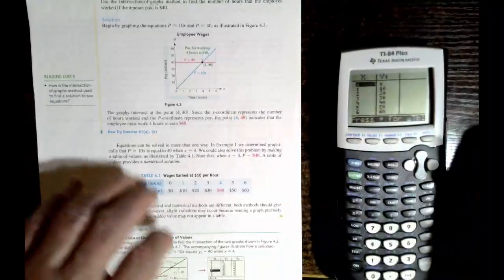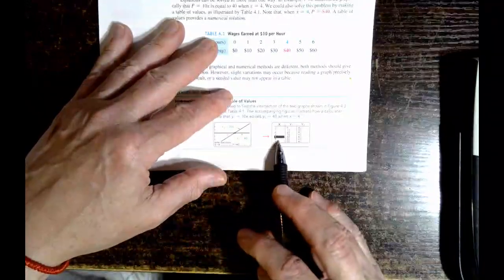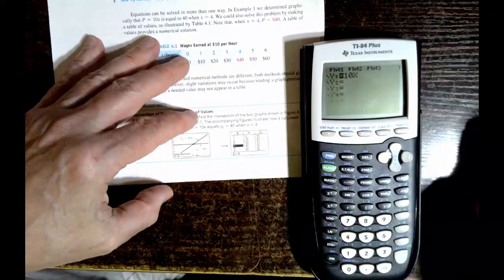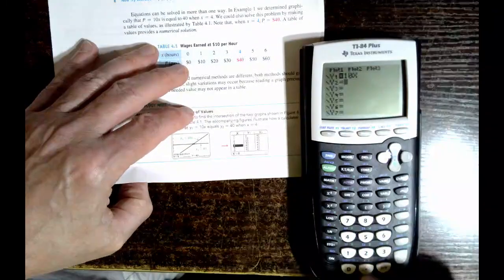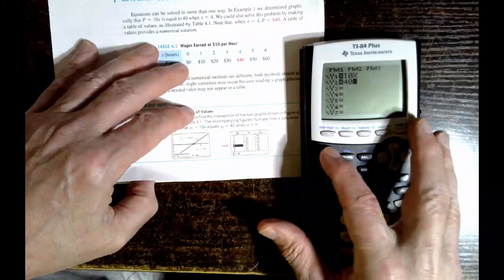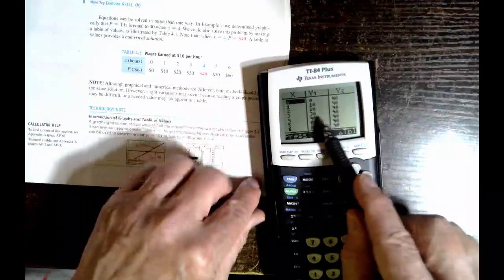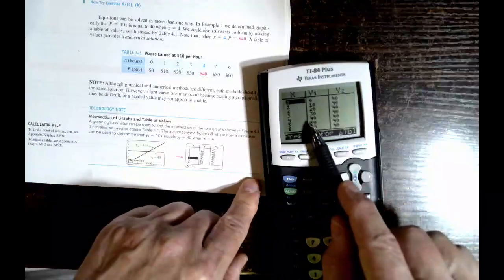So you can use a table of values, and that's what they show you here, where they graphed and they show you a table of values, and that's exactly what we got here. What they actually do is they graph both on the same thing here, and they graph 40. And then when you hit table, you're looking at where both y1 and y2 are the same value.